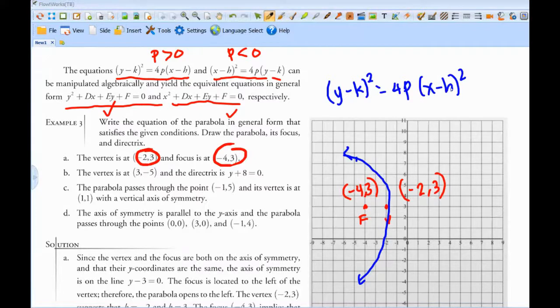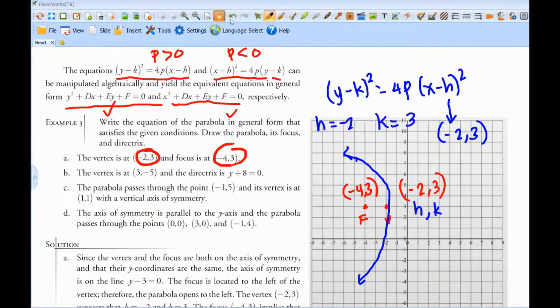So we have the h and k, right? The h and k are at the vertex, which is negative 2, 3. That's the h, and then the 3 is the k, right? So let us write h is negative 2, and also k is equal to 3. Okay?